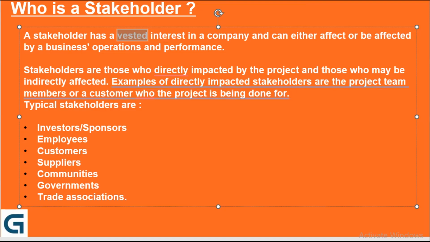Examples of directly impacted stakeholders are the project team members or a customer for whom the project is being run. Typical stakeholders are investors or sponsors, employees, customers, suppliers, communities, governments, and trade associations.